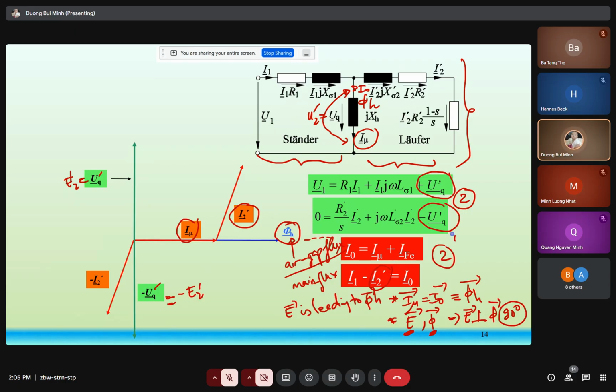That means I1 and I0: considering this node, I1 is I0 plus I2 prime. So you can get I1.